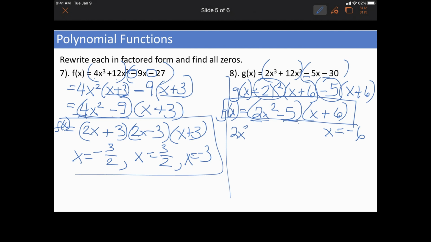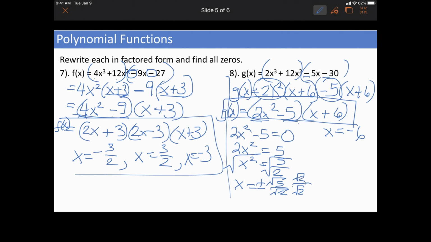Well, just like before, we're going to set it equal to 0. And we're just going to solve it. Going to divide. Now, once you get to here, you're going to be like with Miss Mendoza, it's not a perfect square. I know. Can I have a square root on the bottom? No. So I'm going to multiply square root of 2 to the top and bottom.